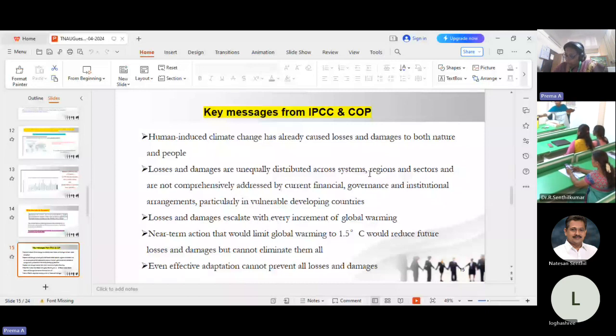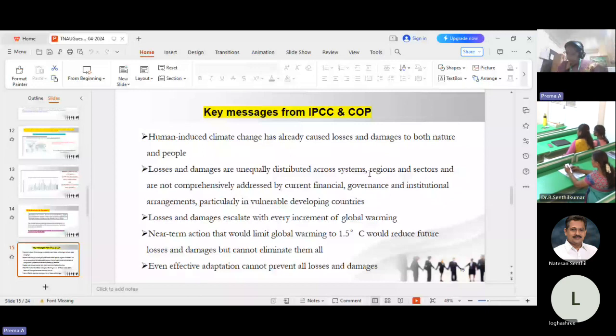So what we have to do is come up with a better assessment of losses and damages, and then come up with adequate and appropriate climate finance mechanisms so that the losses and damages due to natural disasters, especially in developing and least developed countries, can be taken care of.